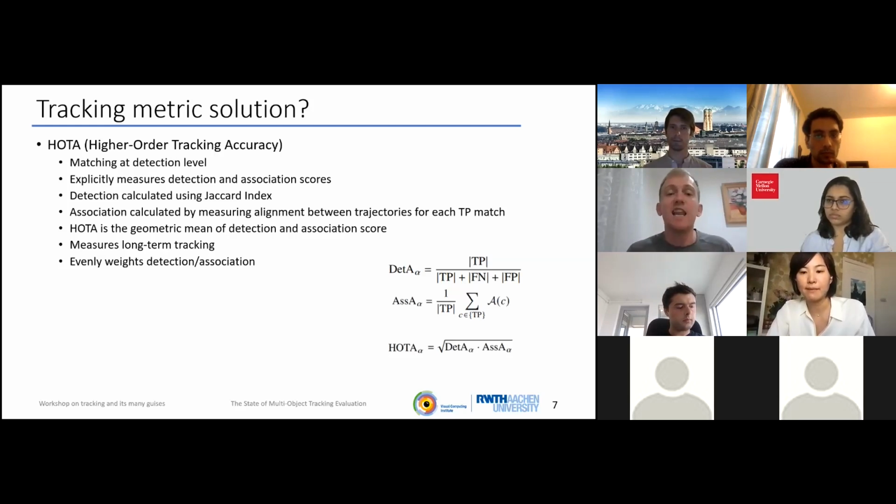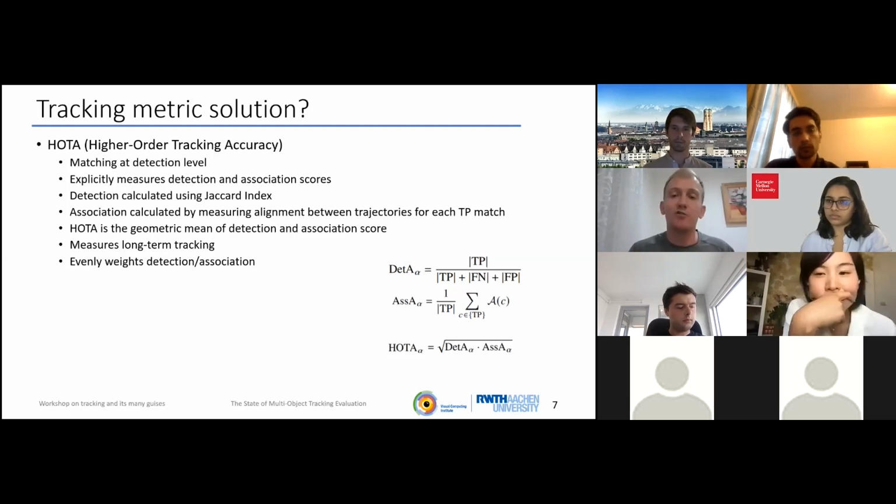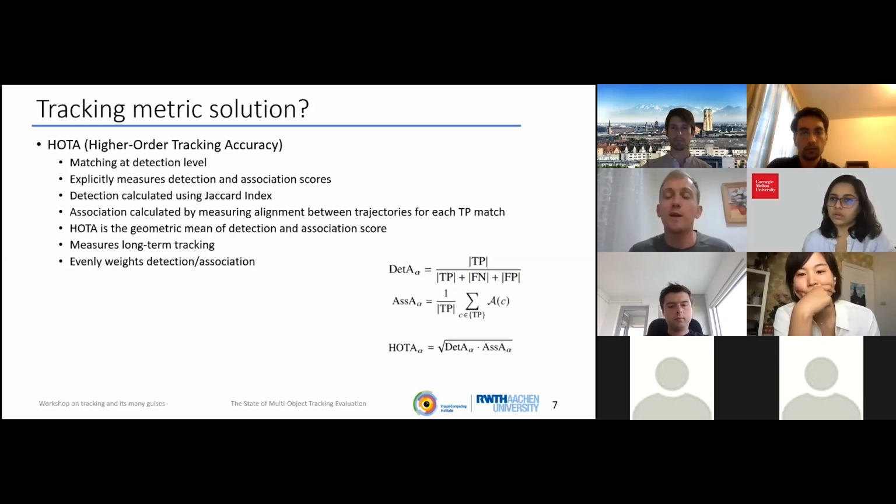So we measure the alignment between the ground truth and predicted trajectories for every true positive match. And to get the association score, we average those alignments over all the true positives. Then the final HOTA score is simply the geometric mean of this detection and association score.